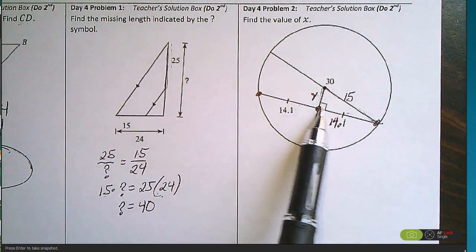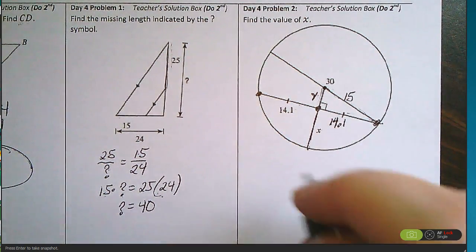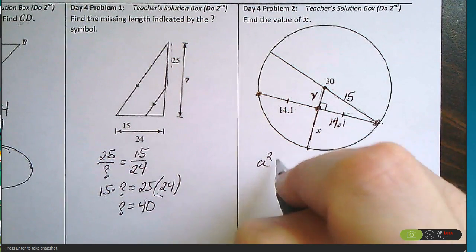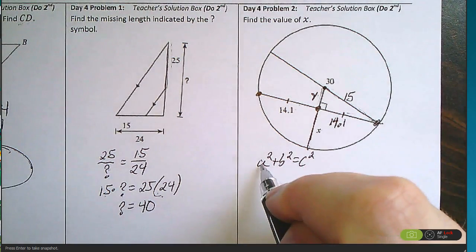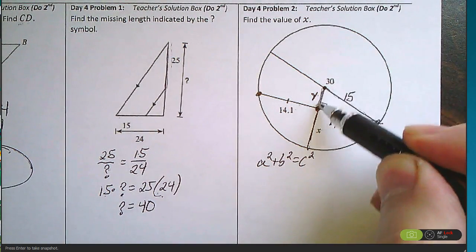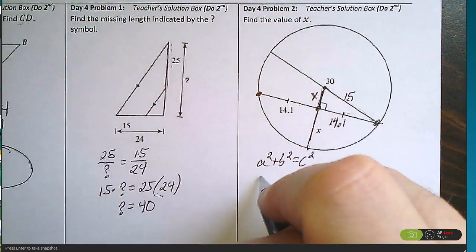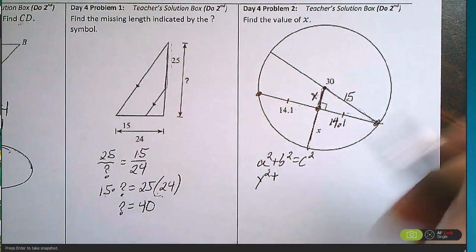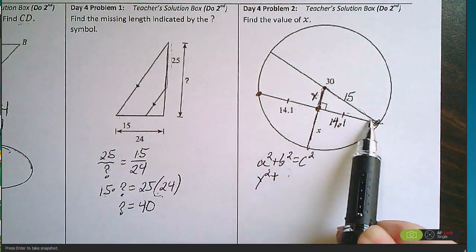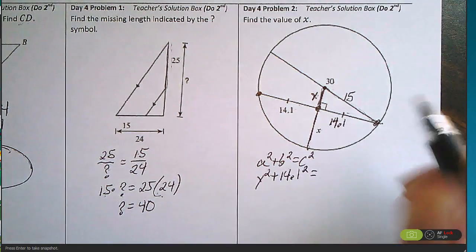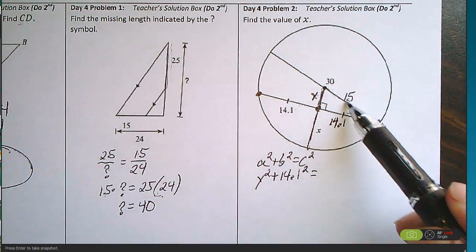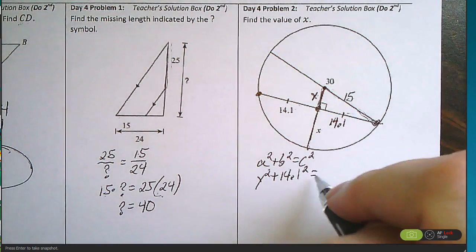So let's focus in on the right triangle and use the Pythagorean Theorem, which is a squared plus b squared equals c squared. For the letter a, let's fill in our altitude, which is y. For the letter b, put in the base, 14.1. And for the letter c, put in the hypotenuse of the right triangle, which is the 15.